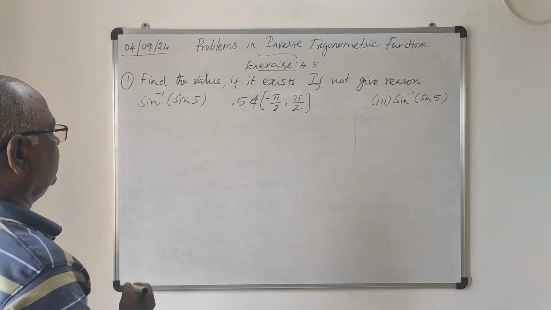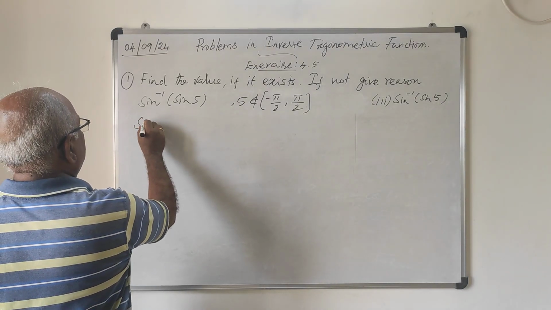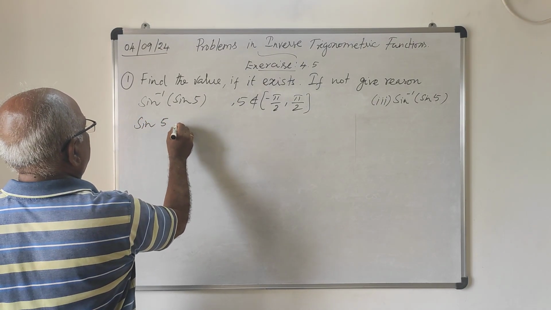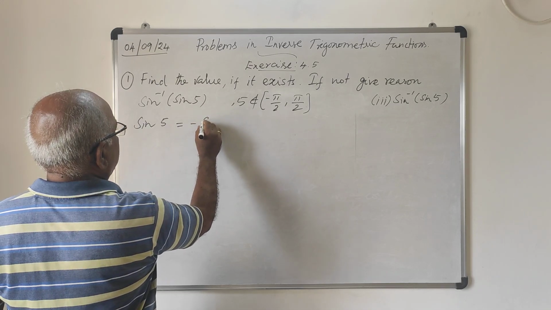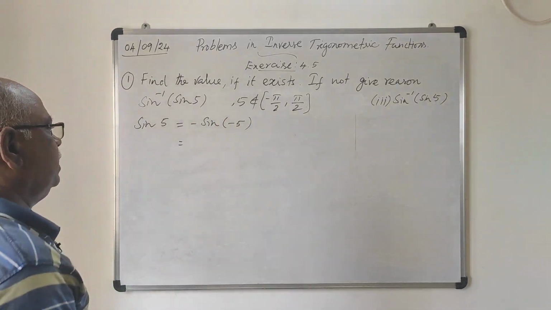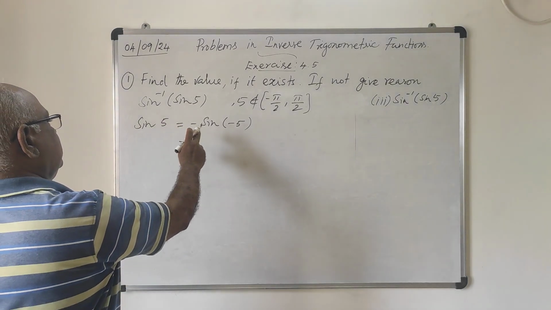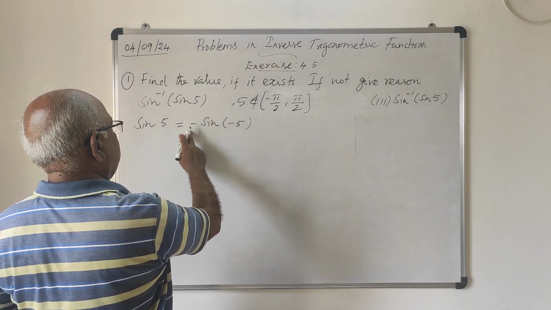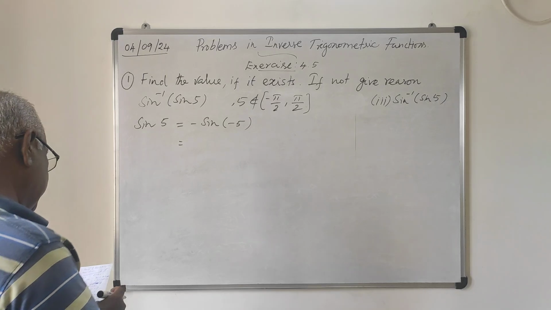Okay. For that, we have to consider this sin 5 as sin 5 equal to minus sin of minus 5. I can write this since sin of minus theta is minus sin theta, that is minus and minus, plus sin 5. You will get.